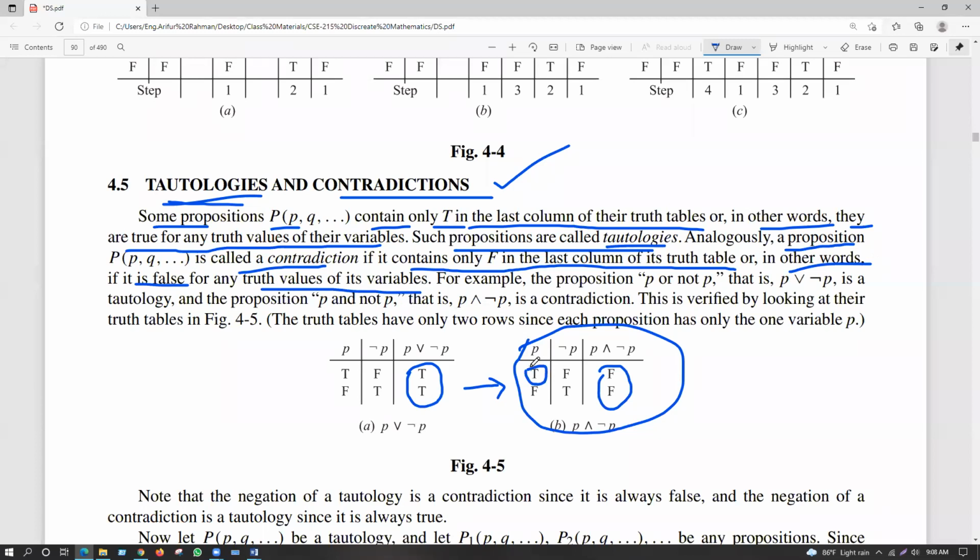Let's say, for example, for P value true and not P false, then you are going to get the value false for this expression. Not only that, for any input we have the output false value.